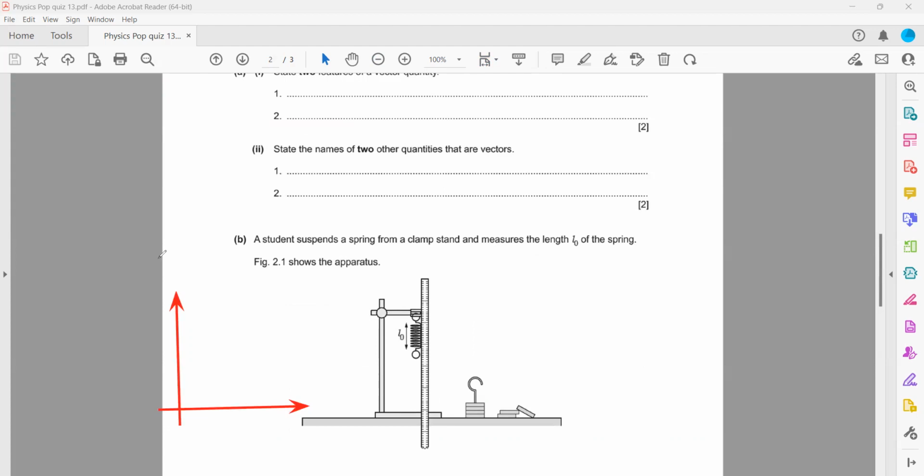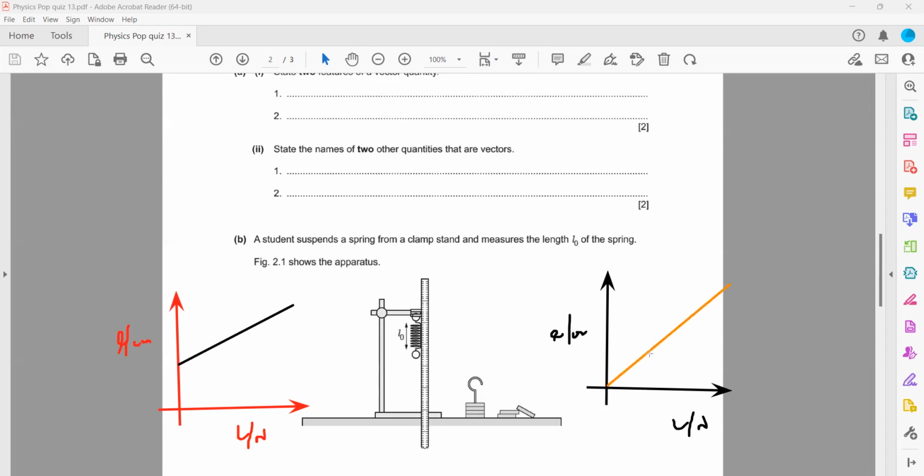In a length and load graph, with length in centimeters and load in newtons, the graph starts above the origin. But for a graph between force and extension, with load on the x-axis and extension on the y-axis, they are directly proportional, so there must be a straight line starting from the origin.